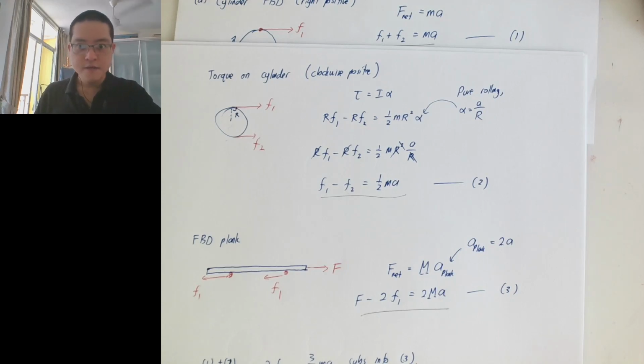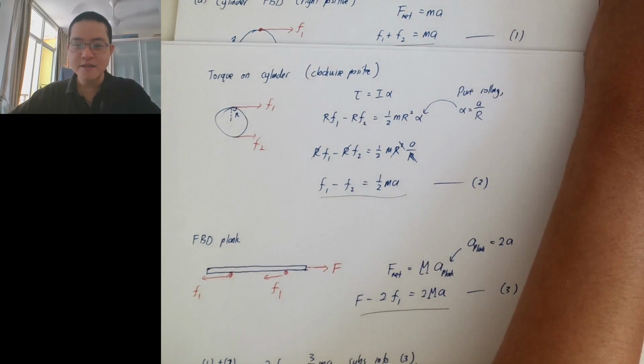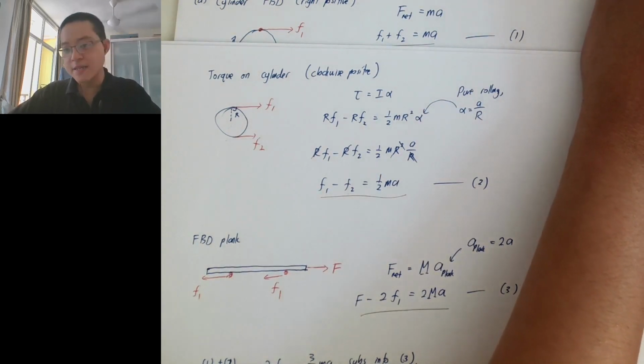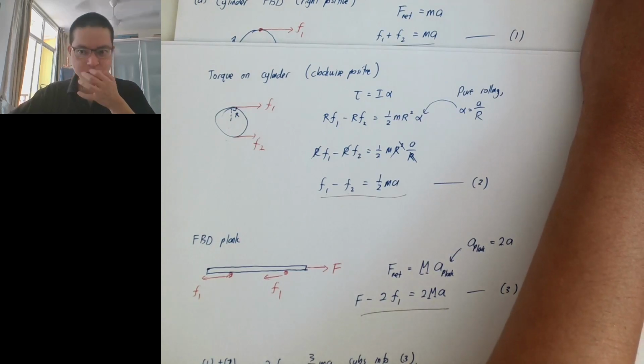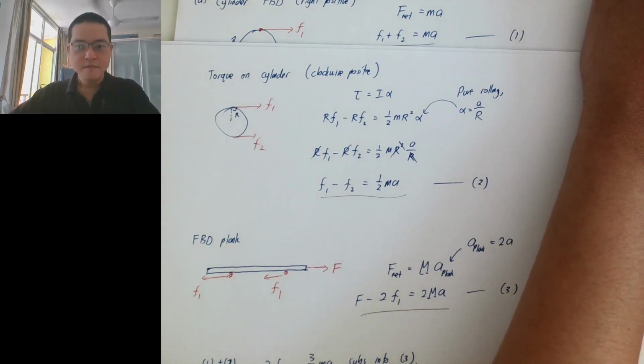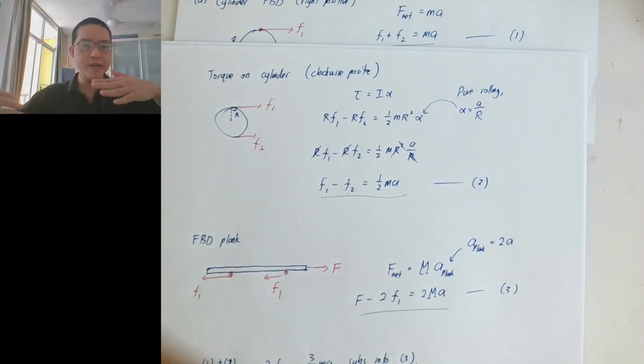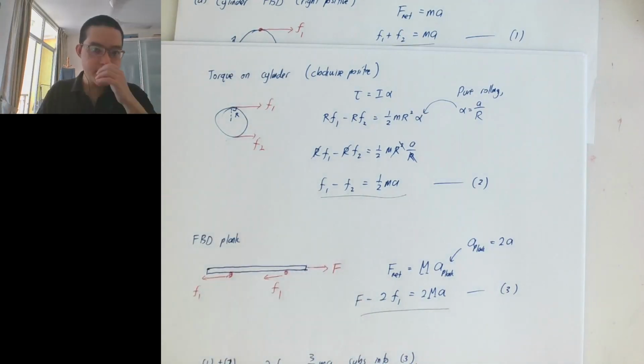Any other question? Well, then ask this alternative question now. Does it make sense for F1 to be vertical? Because it's friction, every time we do friction, it's always parallel to the surface.